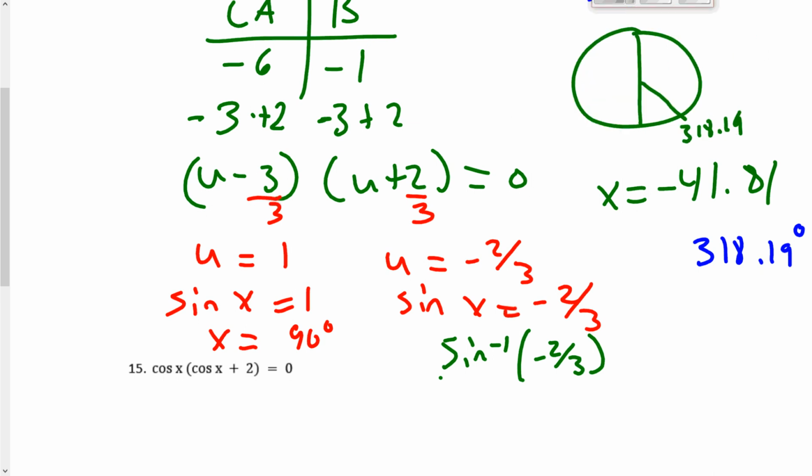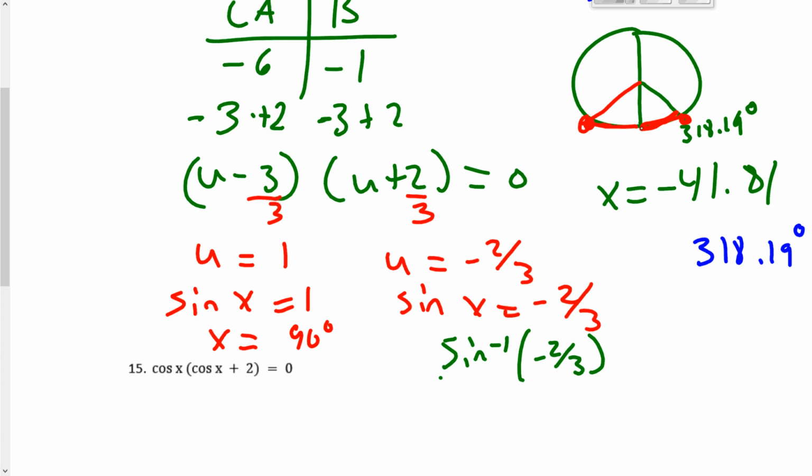So if we can erase all this. If we're at 318.19 as one of our answers, in degrees, then all I have to do is figure out what this distance is to 270 and then add it over here, and that will be my second number that has the same height as this one, right? So if we take 318 and we subtract 270, we get 48.19.